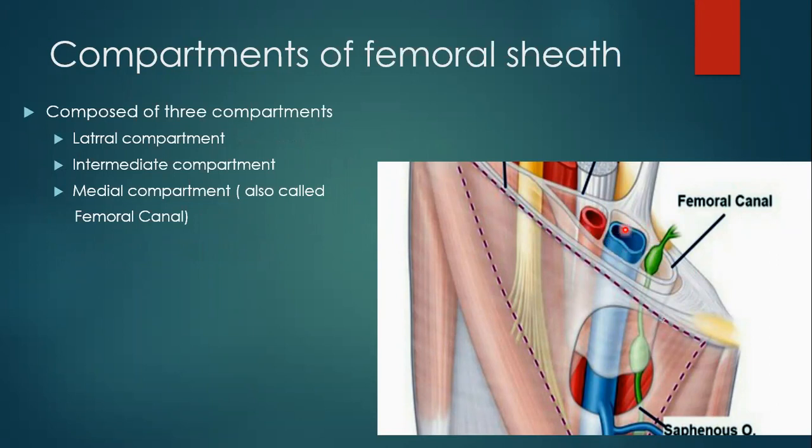Then in the intermediate compartment, the femoral vein is present, and in the medialmost compartment, which is also known as the femoral canal, there reside the deep inguinal lymph nodes and the lymphatics. Okay, so we have got 3 fascial compartments: the lateral, the intermediate, and the medial compartment of the femoral sheath, and the medialmost compartment is also known as the femoral canal.